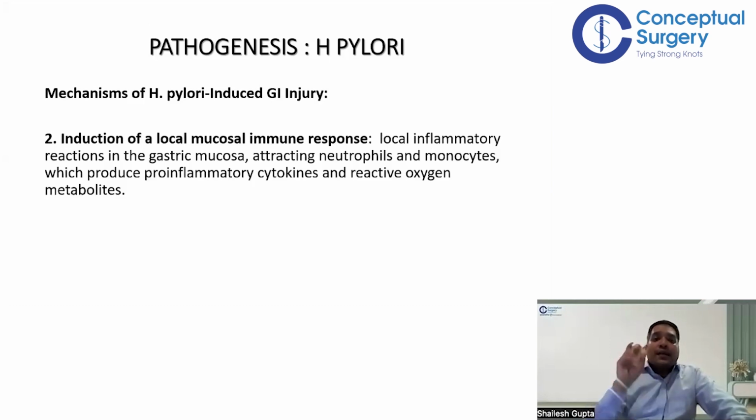Number 2, it induces a local, not systemic, mucosal immune response. Basically it causes a local inflammation. It results in attracting neutrophils and monocytes, which produce the pro-inflammatory cytokines and reactive oxygen metabolites. So this also leads to GI injury.